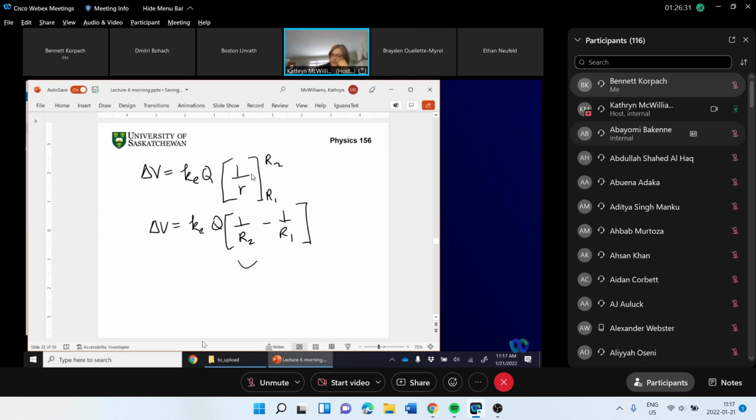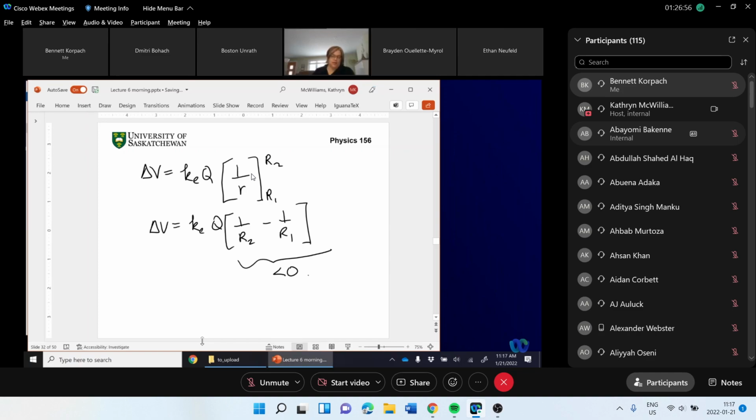This turns out to be negative just because of the direction I did the potential difference. The potential at the outer sphere is lower than the potential at the inner sphere, and I calculated it from the inner to the outer, so the potential will drop going from inside to outside.